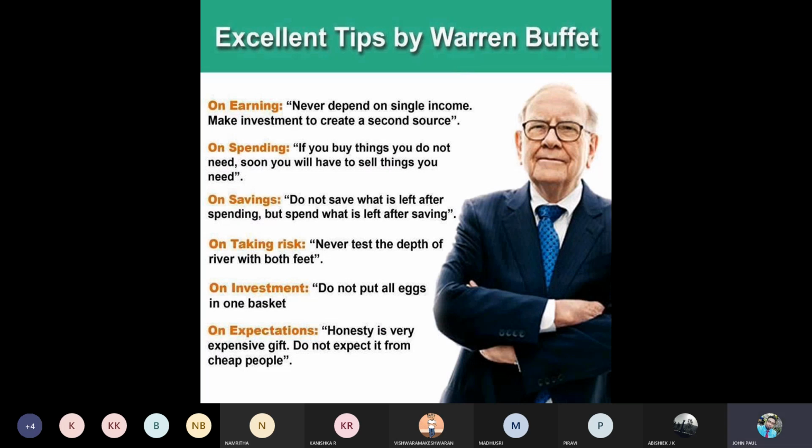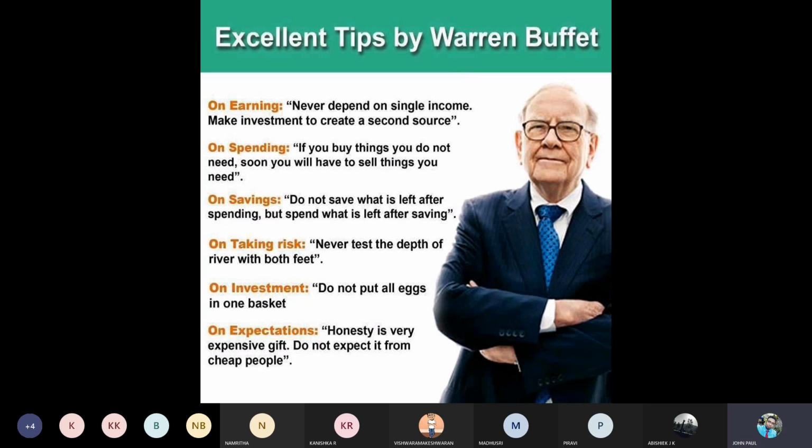He gave certain quotes on earning. What has he said about earning? Never depend on a single income. Make investments to create a second source. These are certain principles given by Mr. Warren Buffett, and I'm sharing them because he used to talk about investment, which is related to our topic.